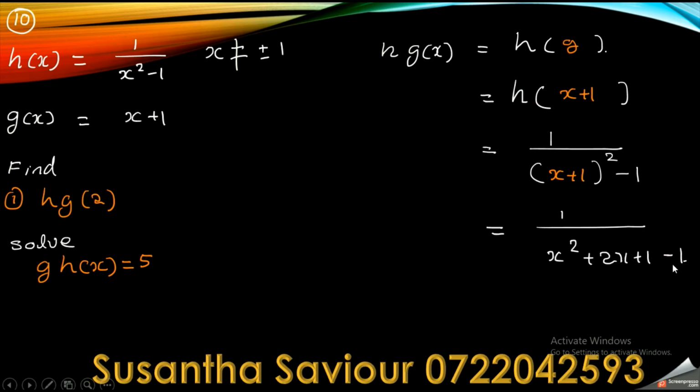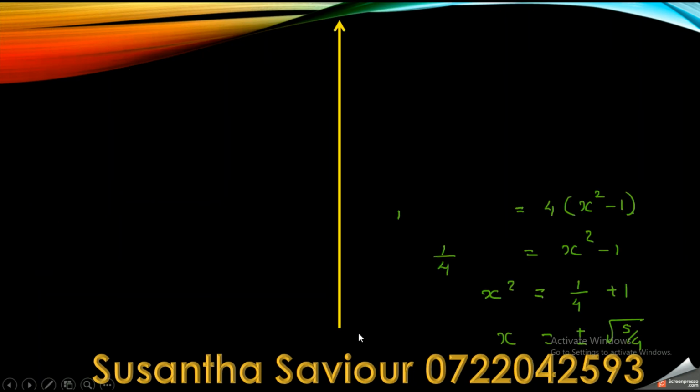Then plus 1 and minus 1 goes off. 1 over x squared plus 2x, right? Then you want hg(2). So in this x squared, x is replaced by 2. This will be 2, this will be 4. 2 squared plus 4 is 8. So 1 over 8.